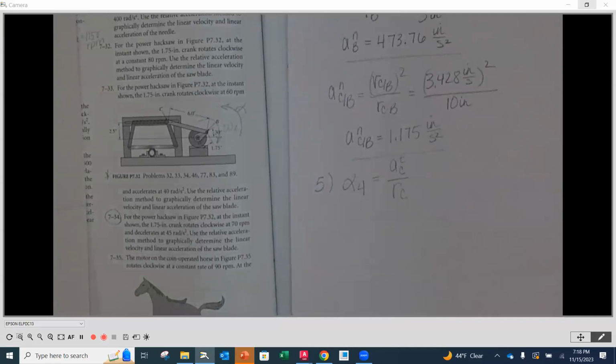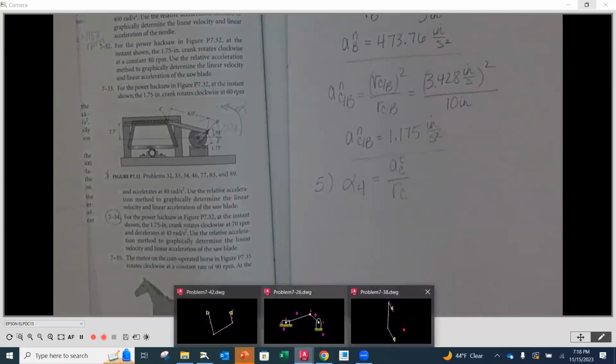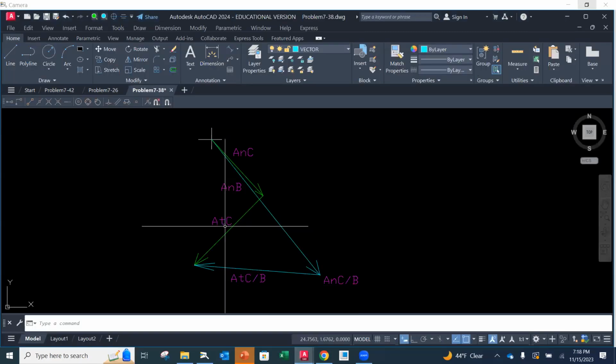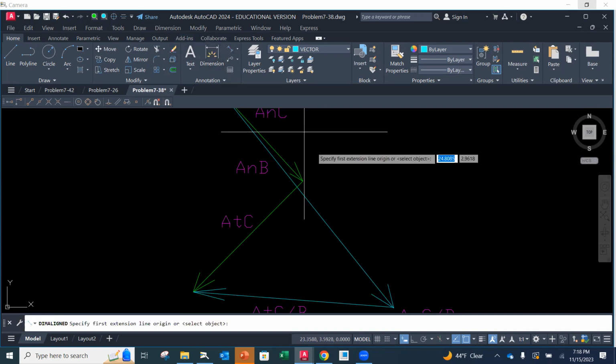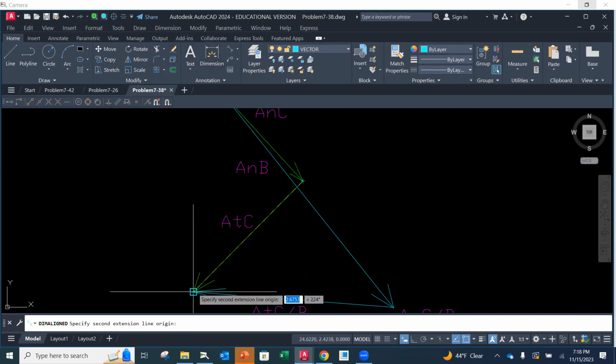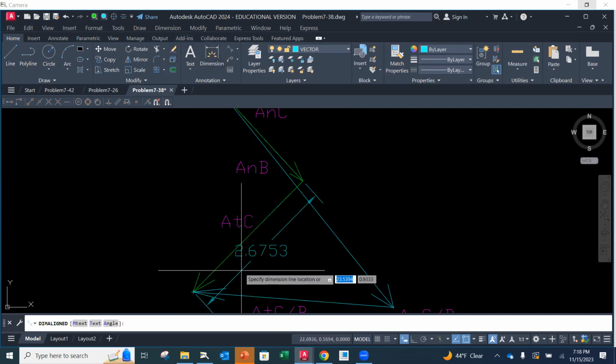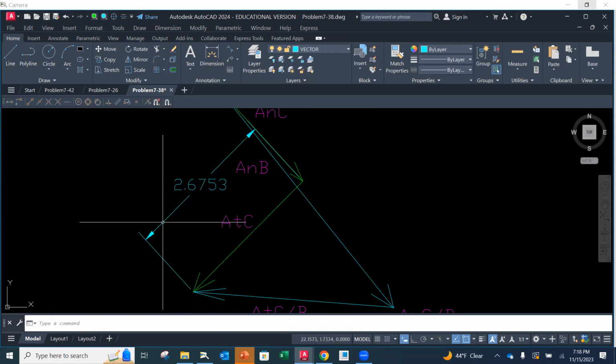Okay, so that means I have to go back to AutoCAD and measure the length of the tangential acceleration at C vector. So I'm going to grab this one and this one, and that is its length. I'm going to change this to note.